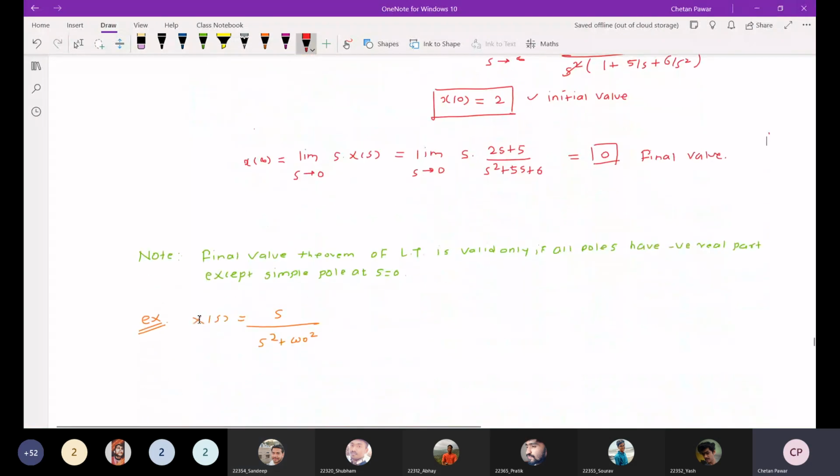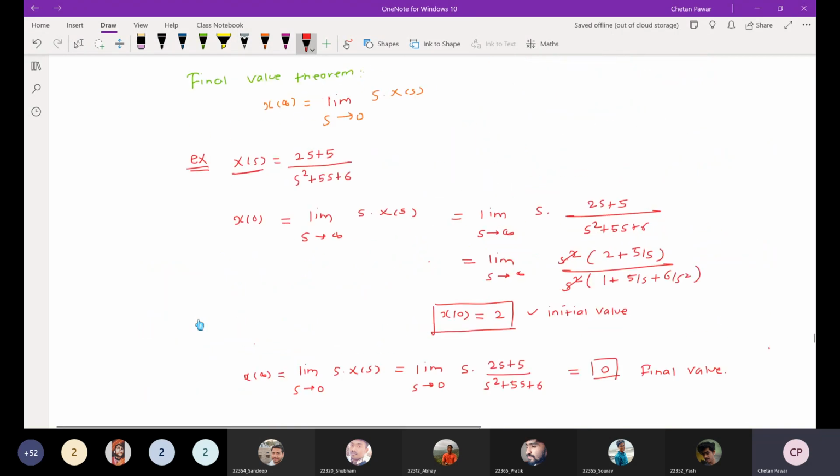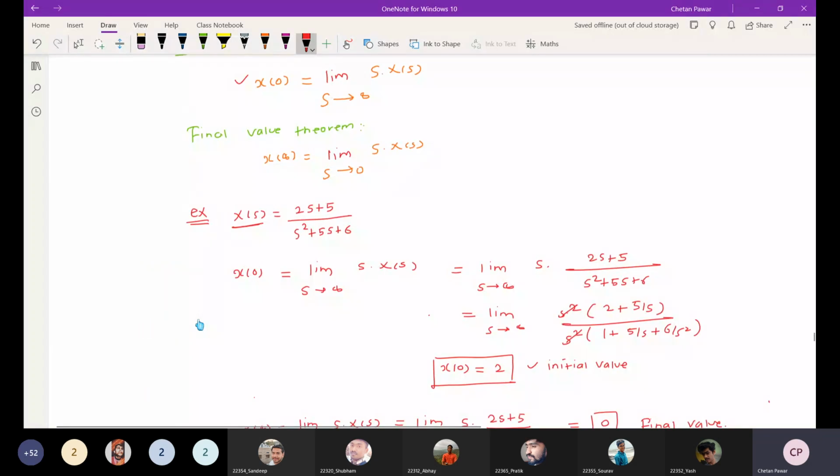Now one note is here: the final value theorem of Laplace transform is valid only if all poles have a negative real part, except a simple pole at s equal to 0. If you find the poles of this particular signal, you will find that these poles exist in the right half of the s plane.